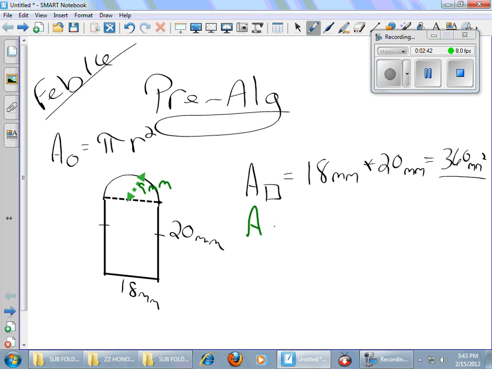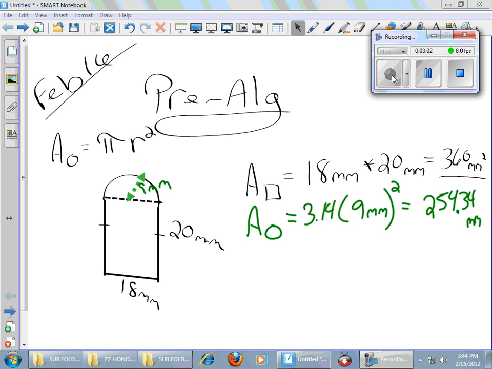So the area of the circle would be 3.14 times 9 millimeters squared. And when I do that, that's going to be 81 times 3.14. I will get 254 and 3/4 millimeters squared.